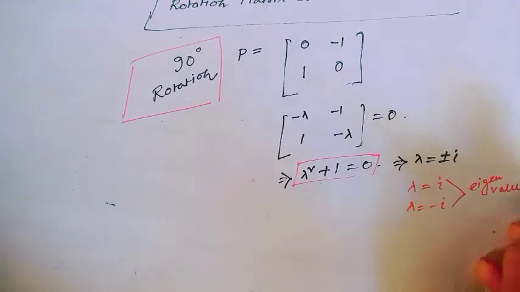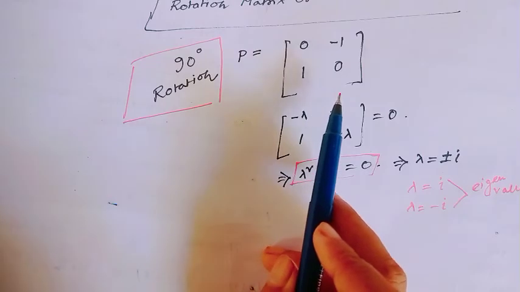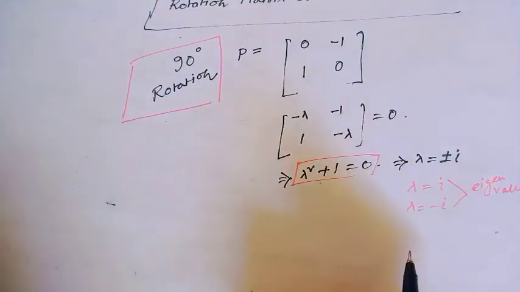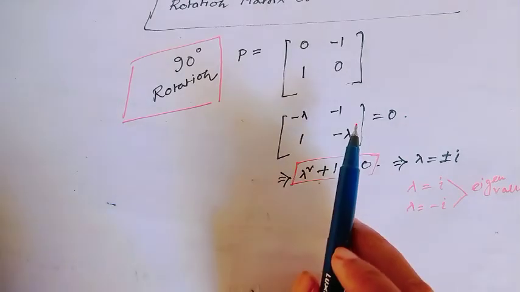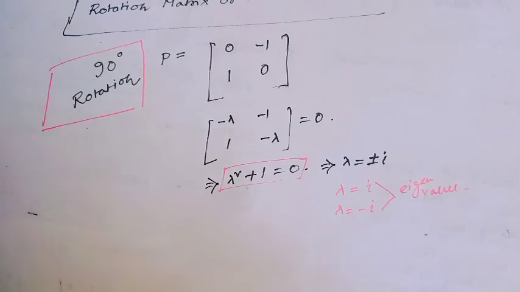Okay? And notice here the matrix is real, but I have got imaginary eigenvalues. That means from this idea I have learned that for any real matrix we can get the eigenvalue, and this may be either imaginary or real.